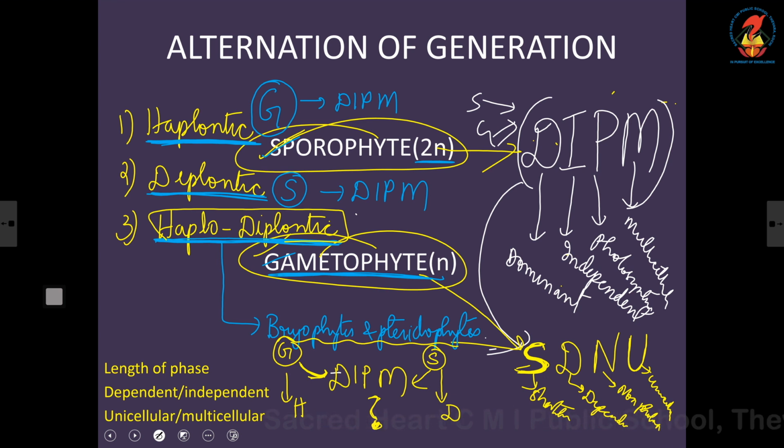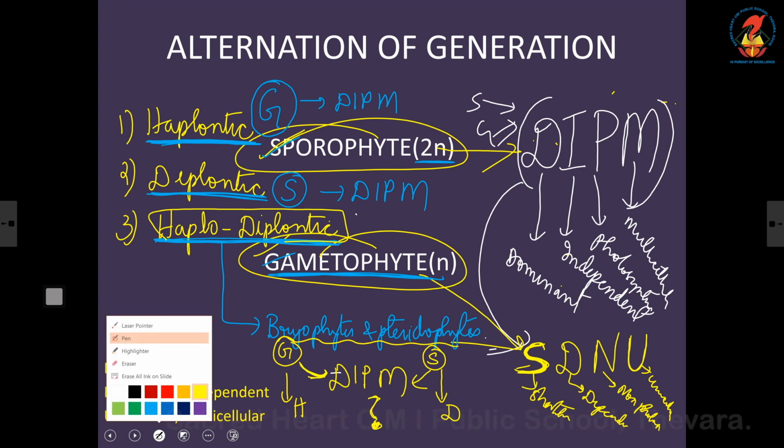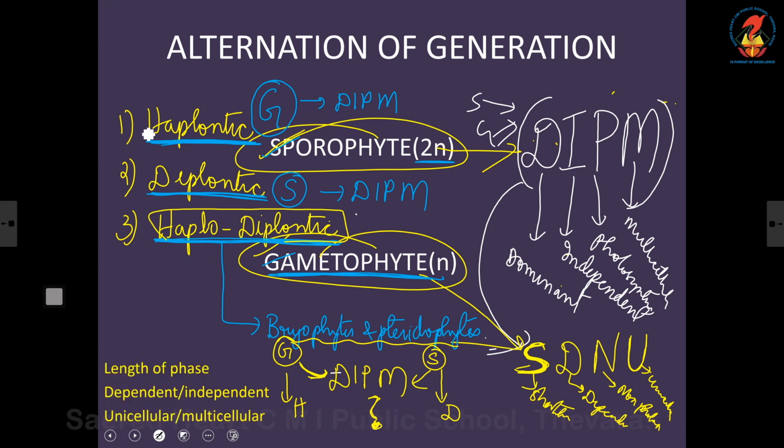So the three life cycles are, once again, haplontic. Very clear. From the life cycle we can understand the gametophytic phase is dominant, that is, it is DIPM: dominant, independent, photosynthetic and multicellular. In the second category, diplontic, we can guess it is the diploid phase, that is the sporophyte, that is DIPM.